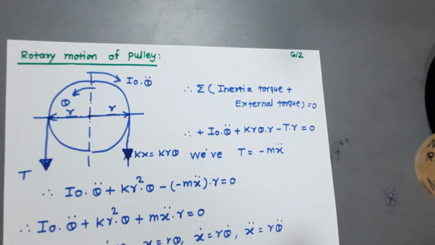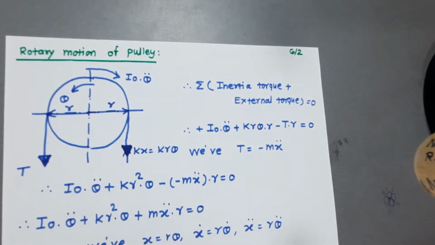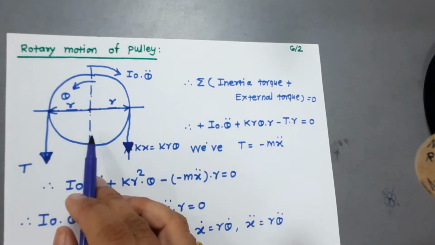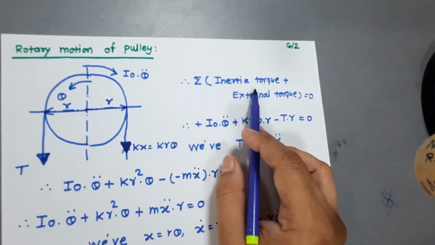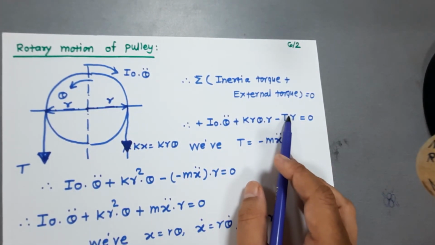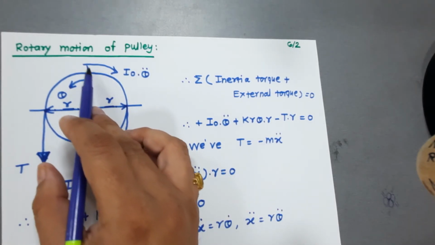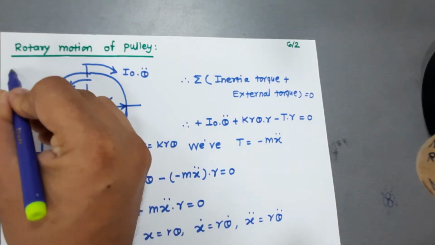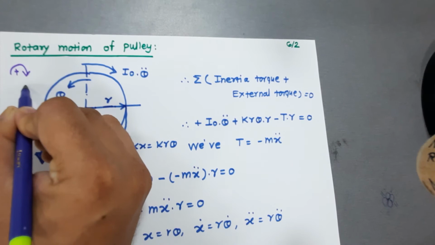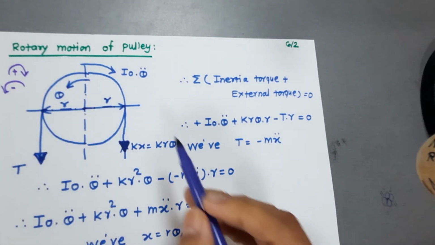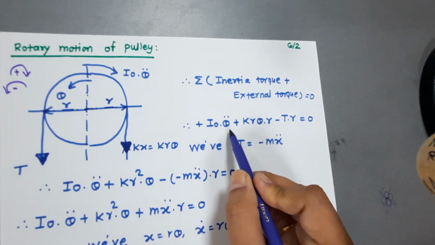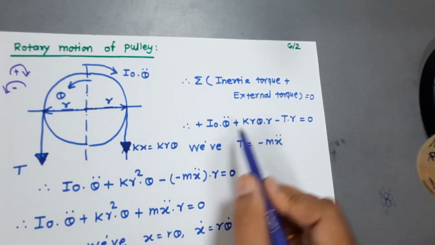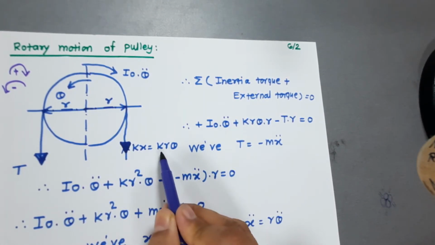Now apply the D'Alembert principle, or equilibrium method, to this diagram. The summation of inertia torque plus external torque is equal to 0. The inertia torque is in the clockwise direction. Here we take clockwise as positive and anticlockwise as negative. So I0 theta double dot is clockwise, plus Kx, which is nothing but K r theta.